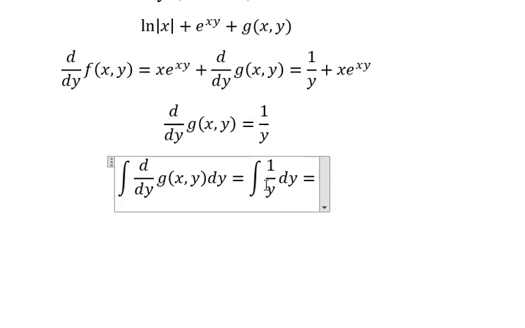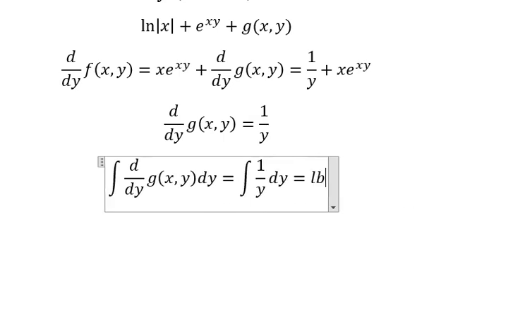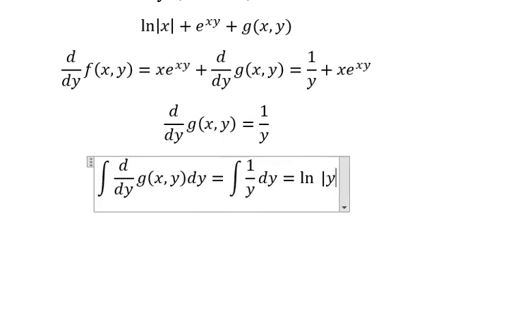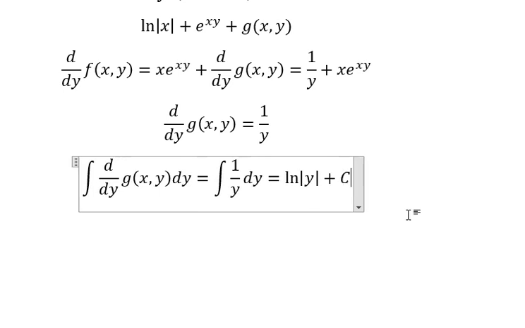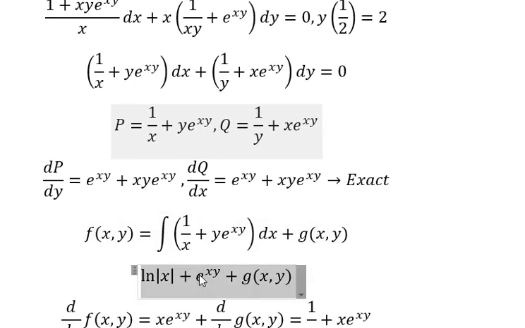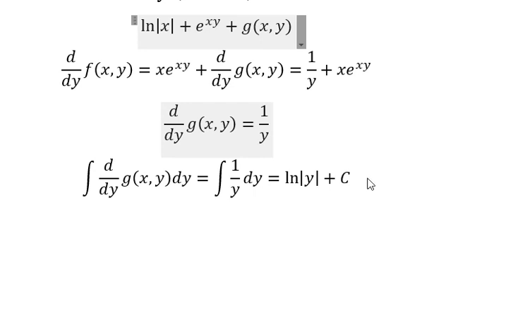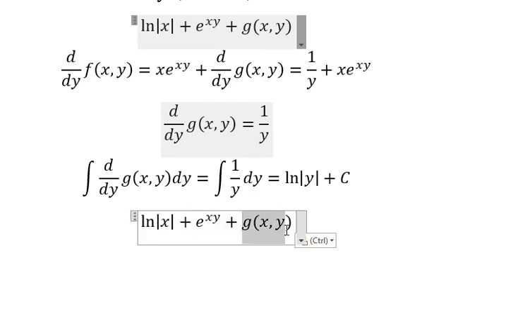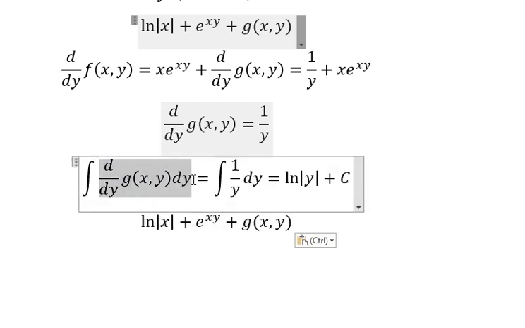The integration of this one, we have ln of the absolute value of y. And we put about c. Now we return back to this one. This one, that is about this one in here.